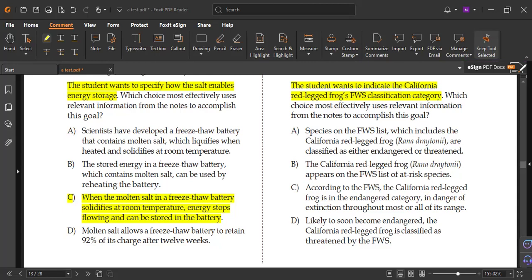Wait, B. Letter B, no. Always focus on what the question exactly needs.